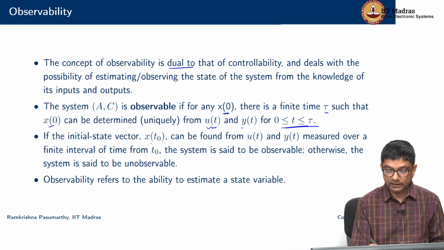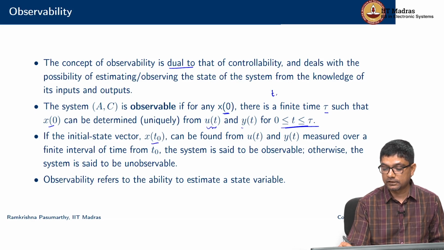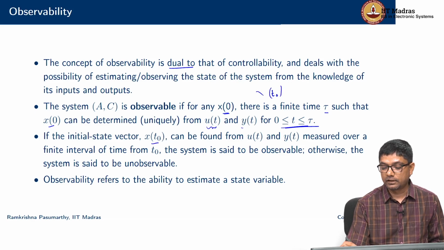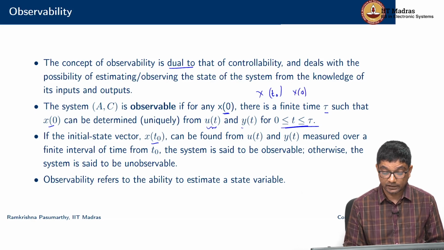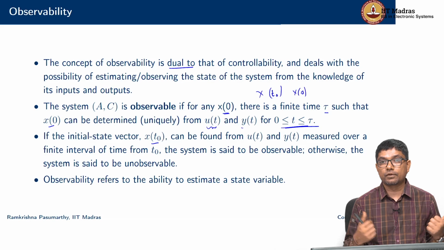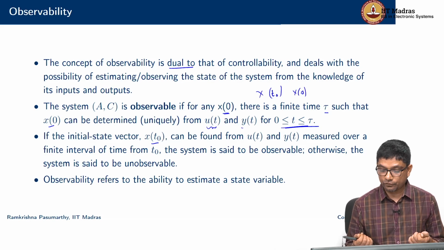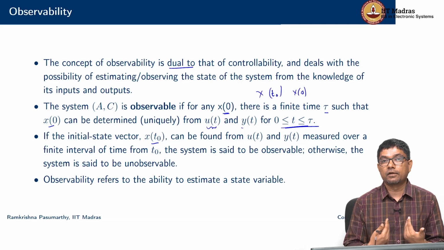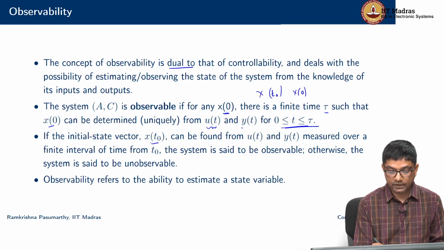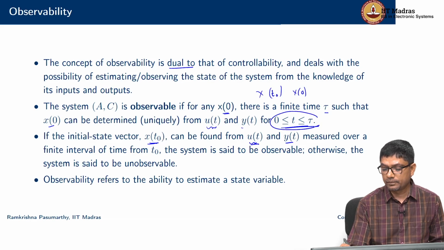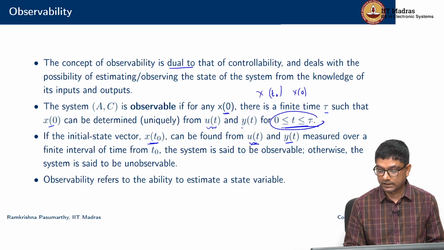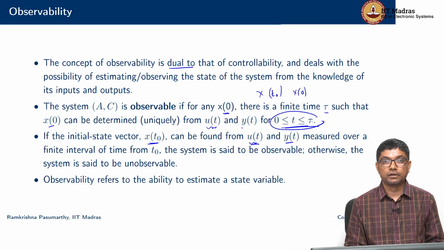I will use x(t0) and x0 interchangeably, they mean the same without loss of generality. If the initial state can be found from measurements of the output and the knowledge of the input over a finite interval of time, that is, if I can find x0 from u(t) and y(t) in some time, it could be 1 second, 1 hour, half a second and so on, the system is said to be observable.